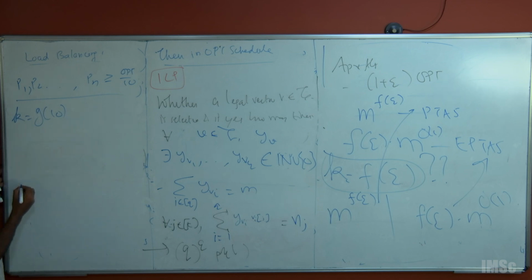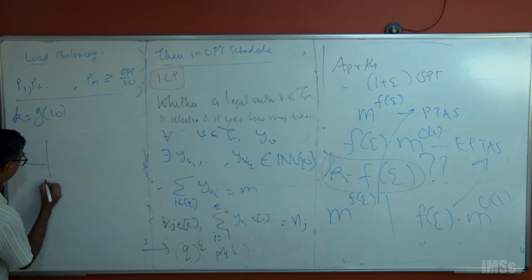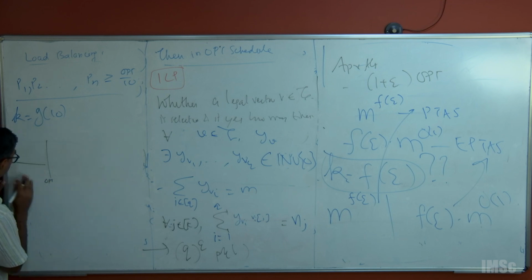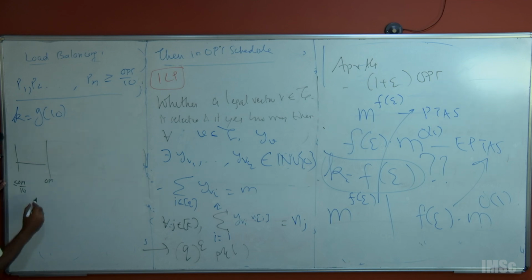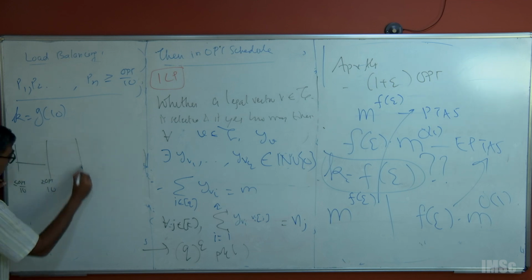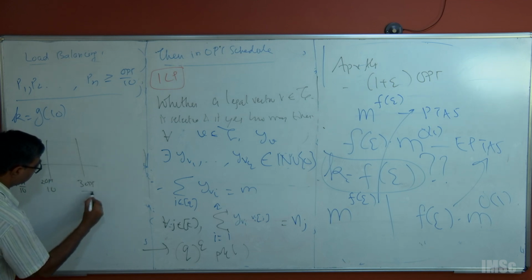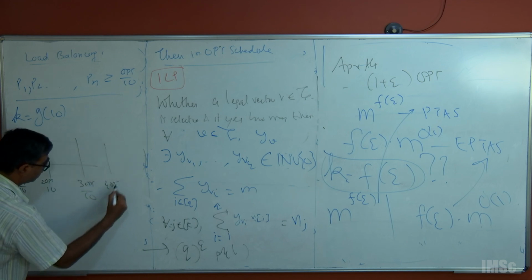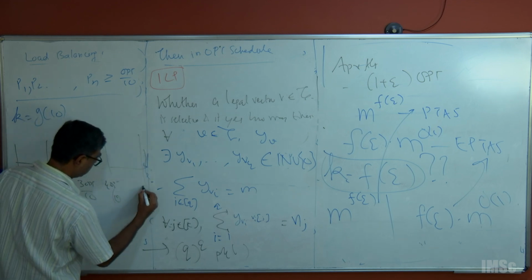Okay, what do you think we should make? Let's start. Everybody is greater than or equal to opt by 10, then 2 opt by 10, 3 opt by 10, 4 opt by 10, and opt.